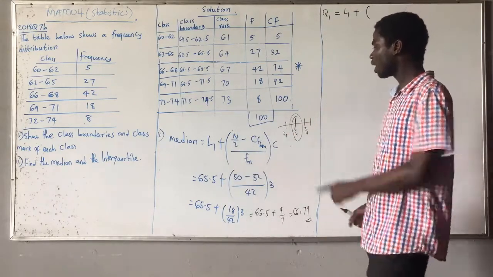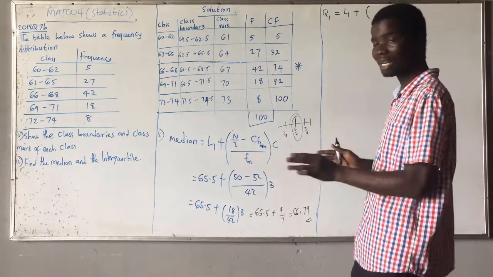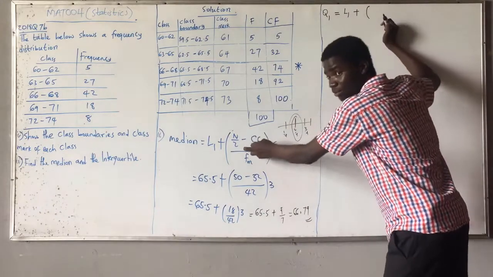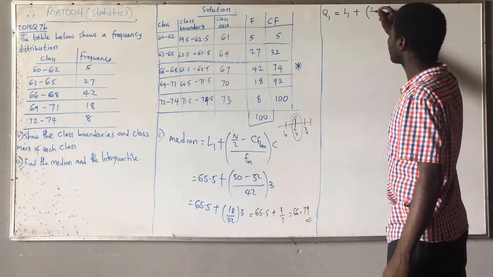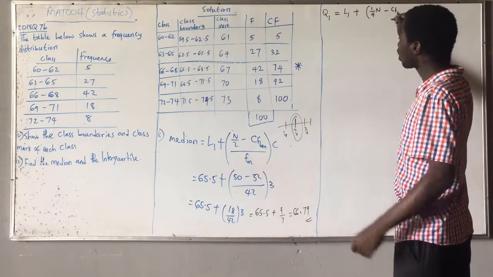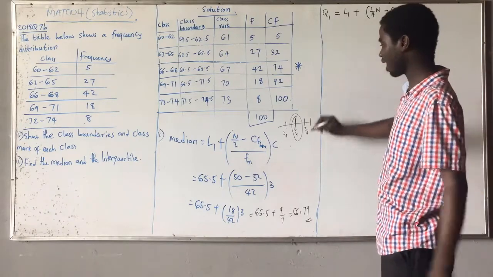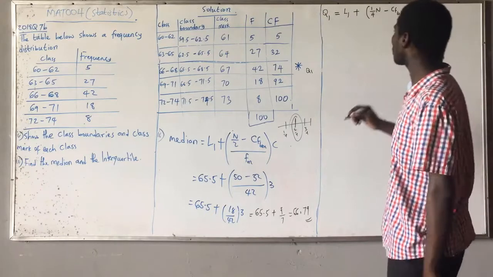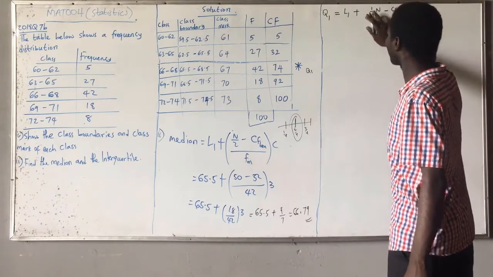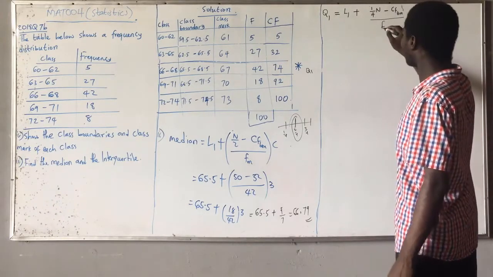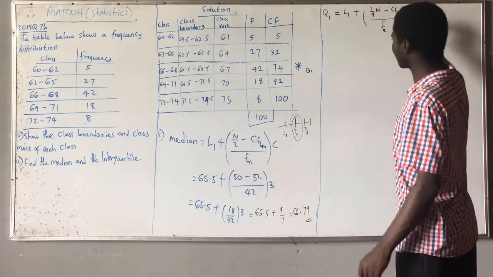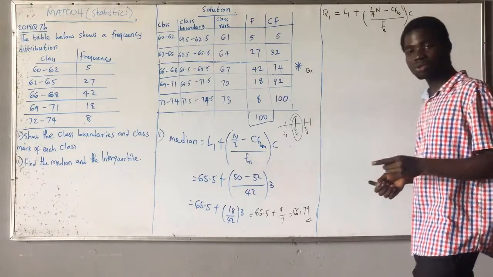Look at how I'm going to write the formula so that you will remember. It's N1 plus, instead of N over 2, which is for the median, this one will be 1 over 4 N, or N over 4, minus cumulative frequency before the first quartile class, all over the frequency of the quartile class, times C. First quartile is 1 over 4.